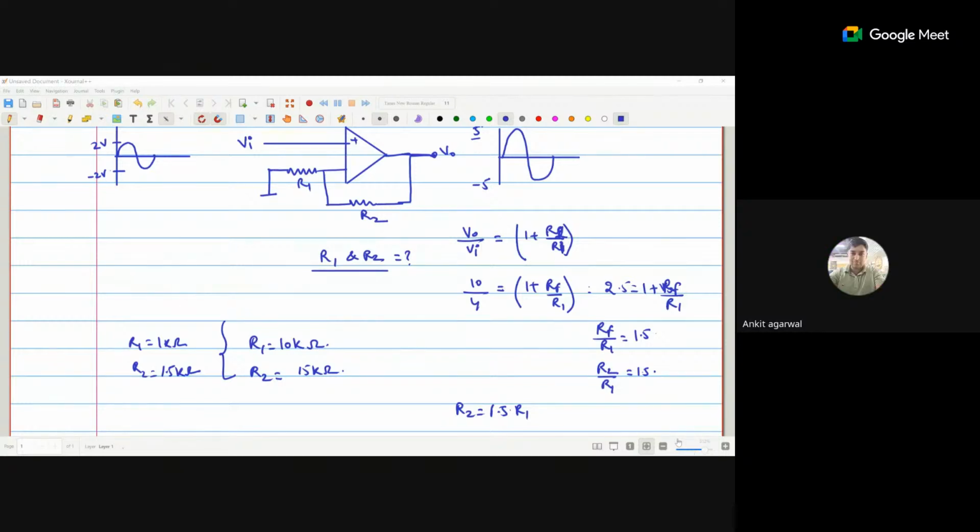Anything else related to the lab part? Anything else?